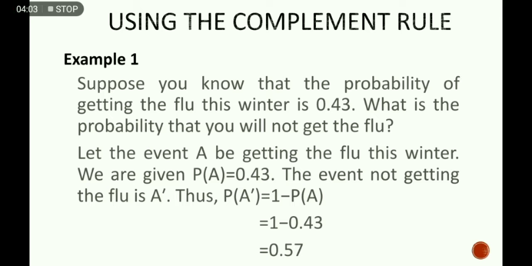So, magiging 1 minus 0.43 is equal to 0.57. So, dito sa example na to, ang probability ng complement ng A ay 0.57.